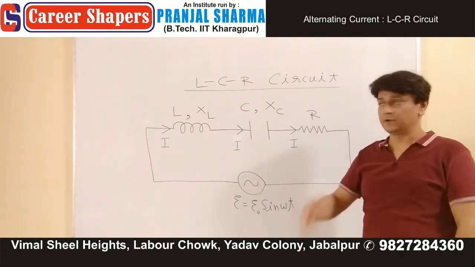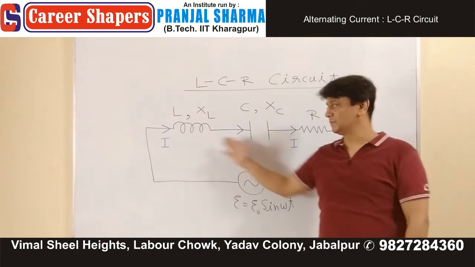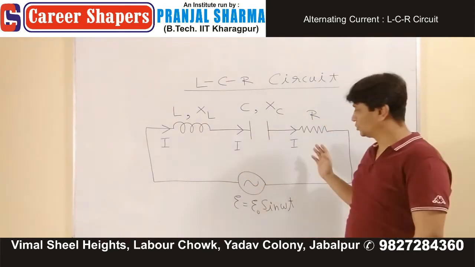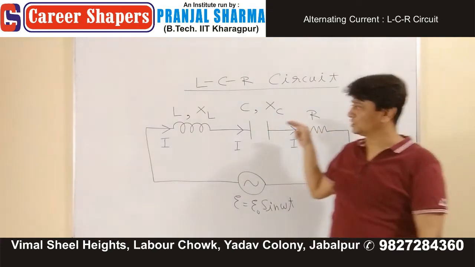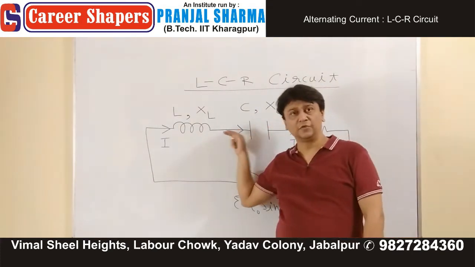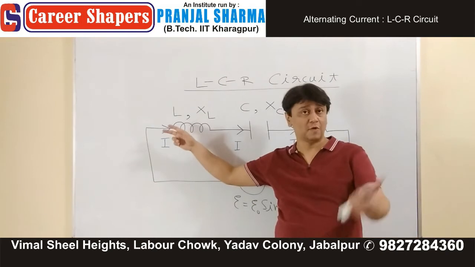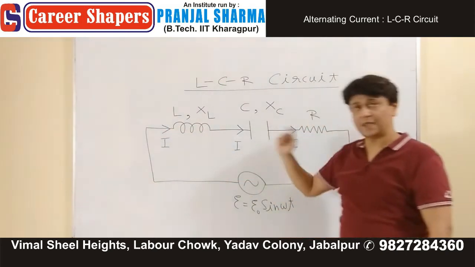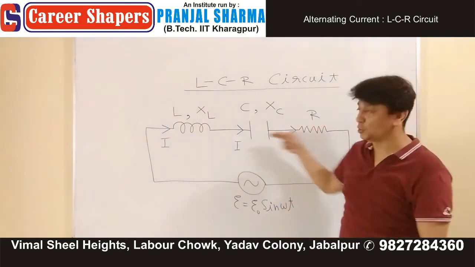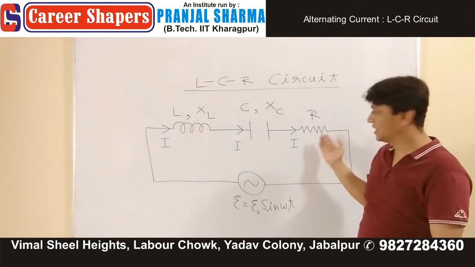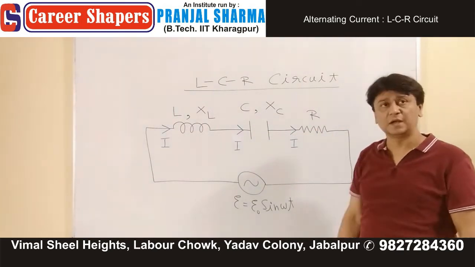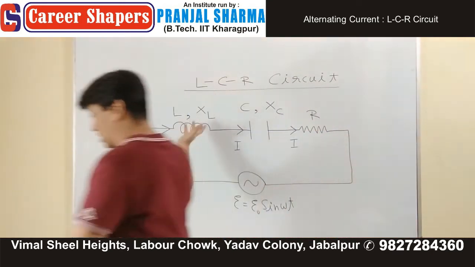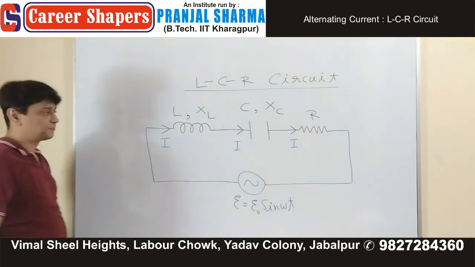So as I said, when this has a current of 5, this will also have 5, this will also have 5. At some other time you found that current is flowing in this direction, and that is 2 amperes. Then at that very moment, this will also have a 2 ampere current in this direction, and this will also have the same current of 2 amperes in this direction, because they all are in series.